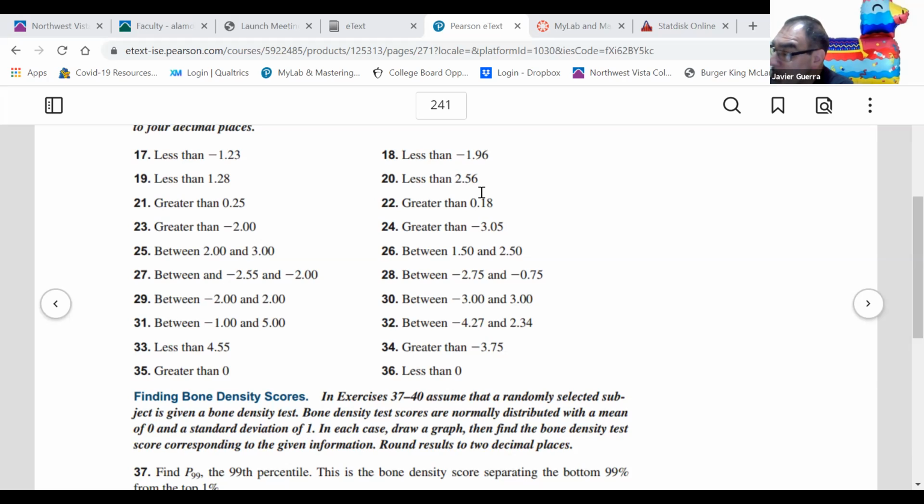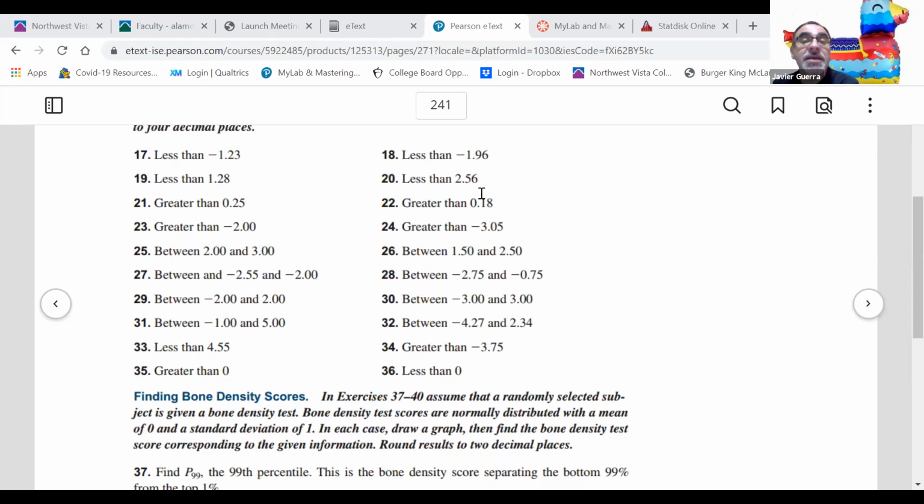All right, so 32 reads, what does it read? Between negative 4.27 and 2.34. Oh, okay, so that one's gonna be in between. So I gotta write my probability statement. I'm gonna put P, parenthesis, negative 4.27 less than Z less than 2.34.